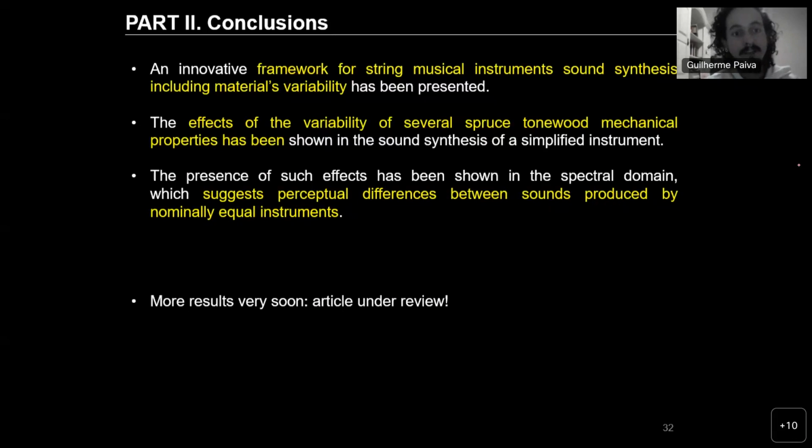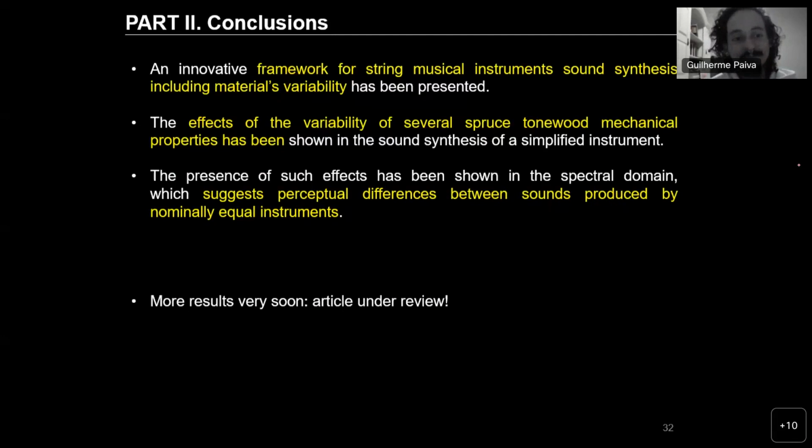The effects of the variability of several spruce tonewood mechanical properties have been shown in the sound synthesis. The presence of such effects has been shown in the spectral domain, which suggests perceptual difference between sounds produced by nominally equal instruments.